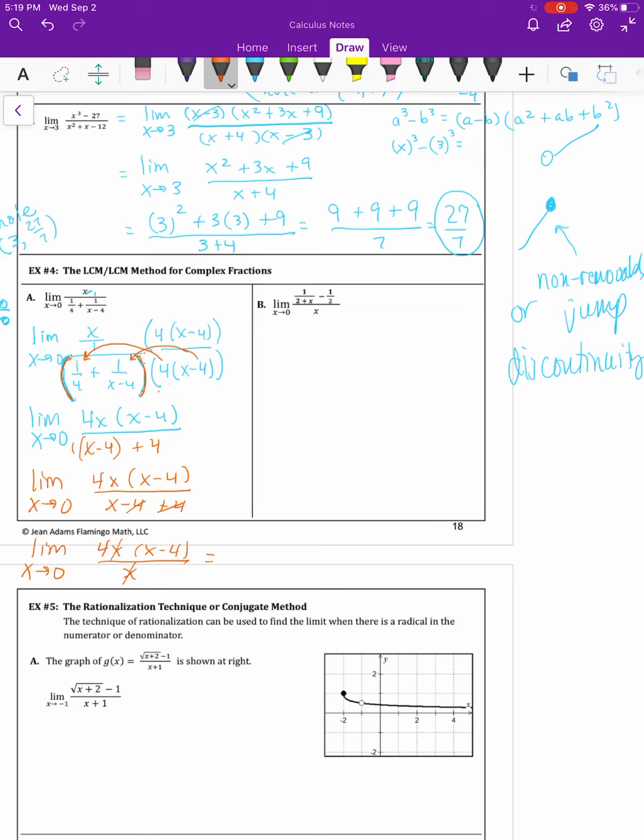Now, these x's are going to cancel, and I wouldn't have seen that had I distributed. If you would have distributed that 4x, then you wouldn't have seen that you had canceling, and you would have not gotten your division by 0 to go away. But that little thing right there just allowed me to get my division by 0 to go away. Now I'm able to substitute 0 for x, and I get negative 16.